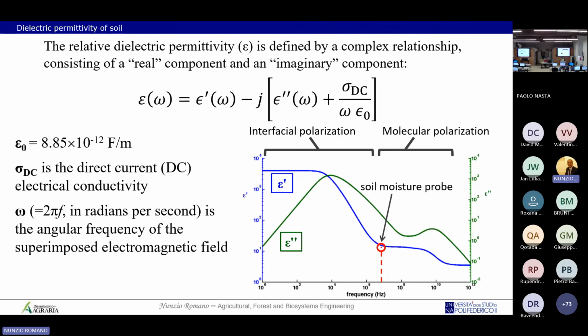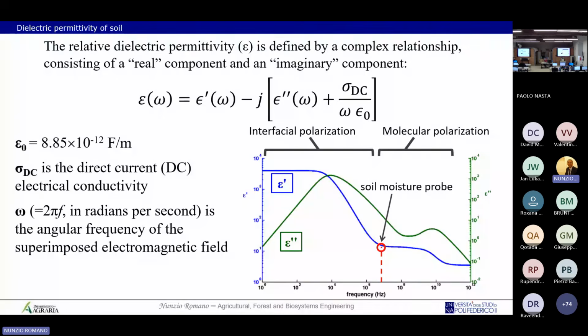But what is interesting is that the green line is the pattern that the imaginary component follows as the frequency of the field changes. There is a more or less rapid increase, then a maximum value of the green line, then a descent, and again it approaches a plateau similar to that of the blue line.